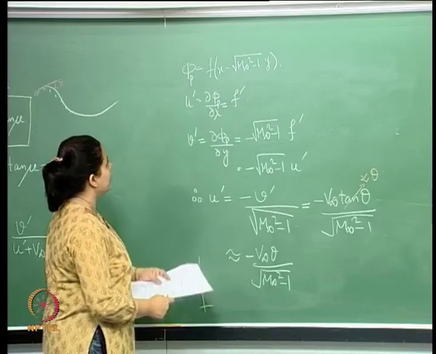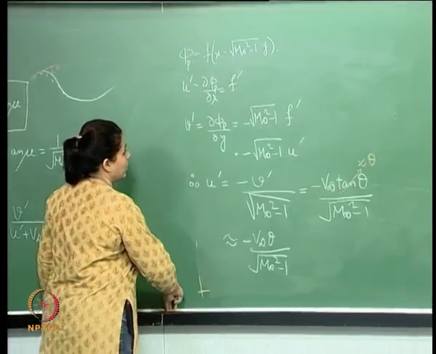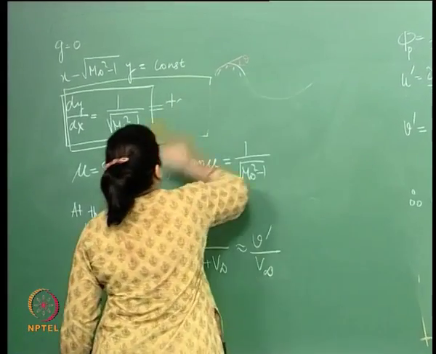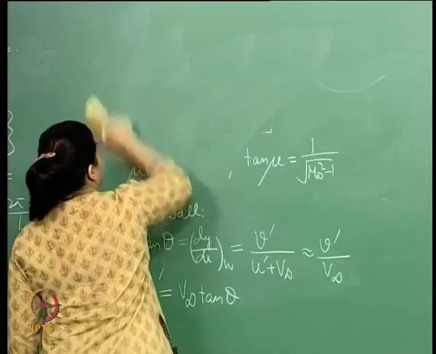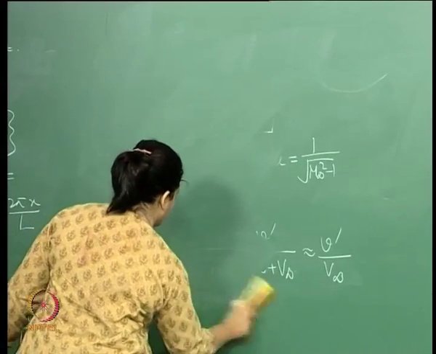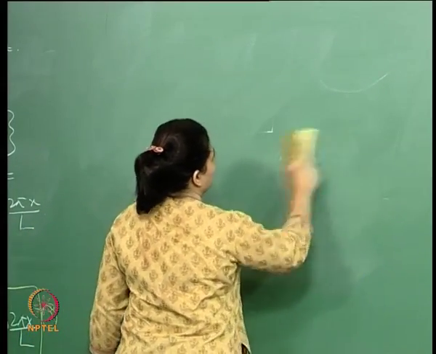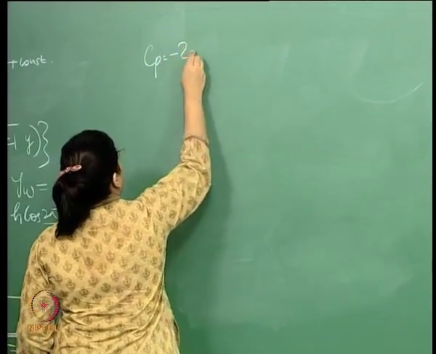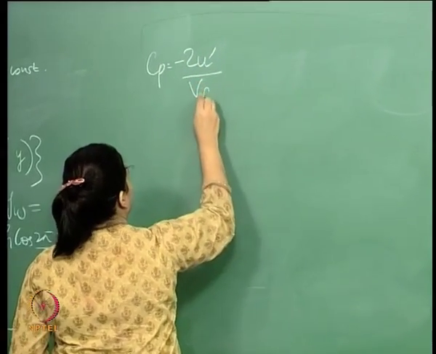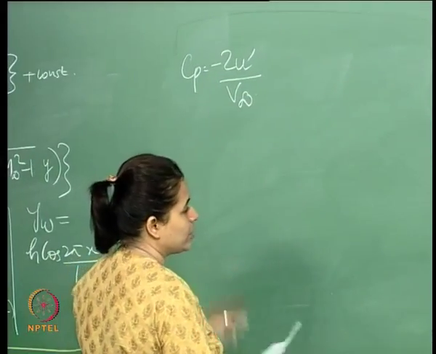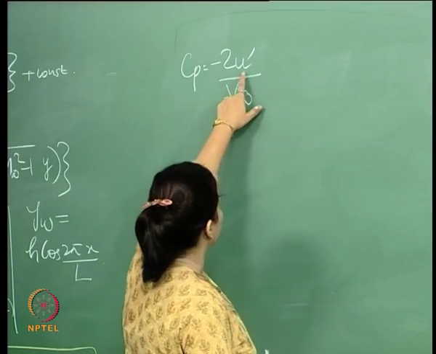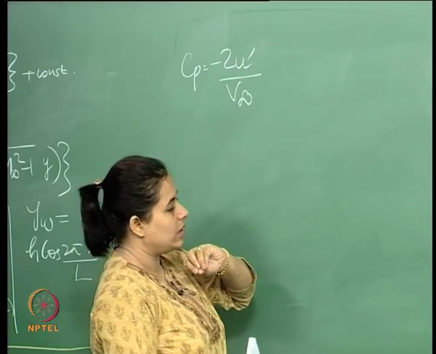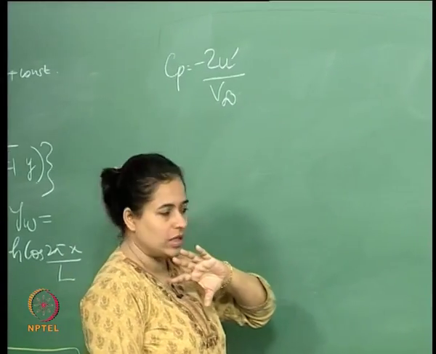If I do that, then what happens to my coefficient of pressure at the wall? Now, this is my coefficient of pressure, and I now have an expression for u dash in terms of the physical slope at the wall.